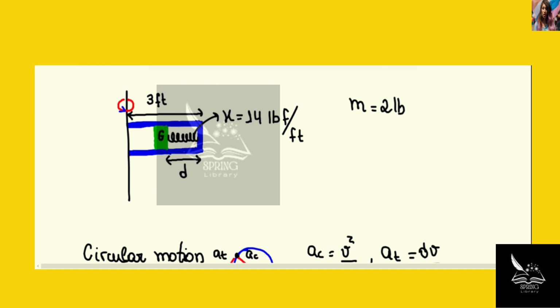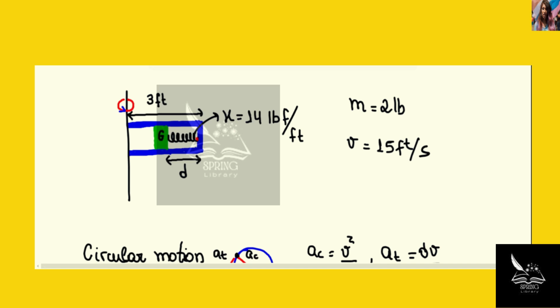So what we have is a cylindrical plug that has a mass of 2 kilograms that's attached to a spring that has an elastic constant of 14 pound force per feet. The end of the spring is 3 feet away from the center of rotation, and the system rotates with a speed v of 15 feet per second.